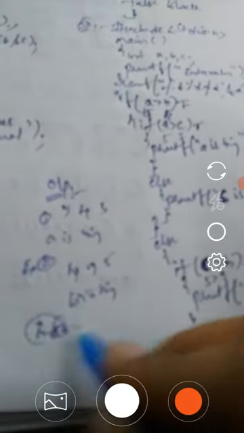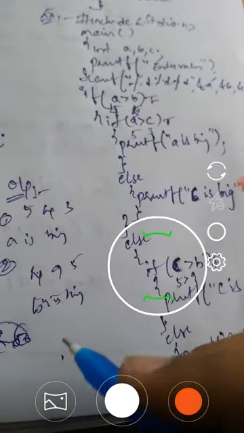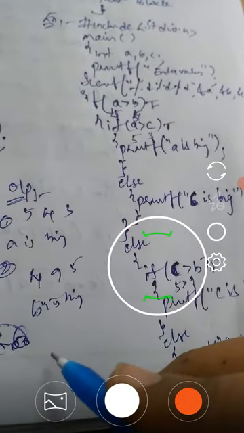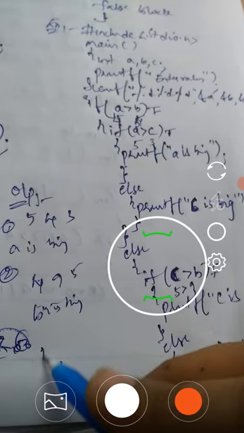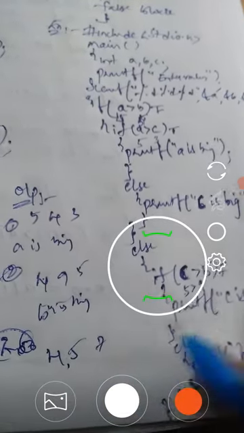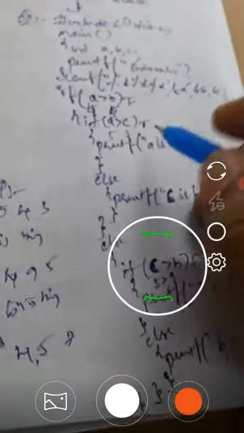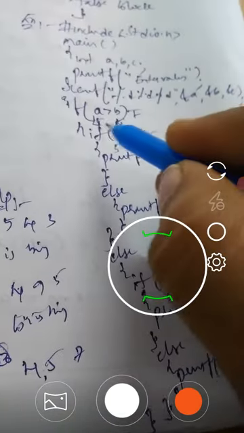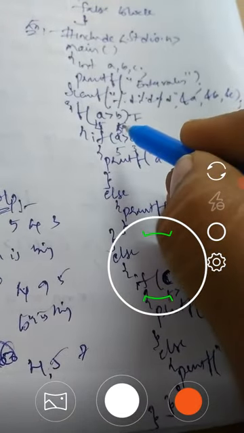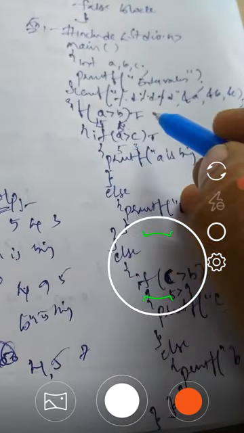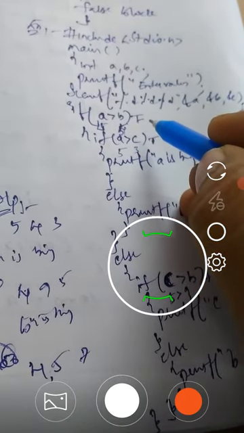Let us consider another example here. This is the third execution. Now we will consider other values like 4, 5 and 7. We will check whether 4 is greater than 5. This becomes false.